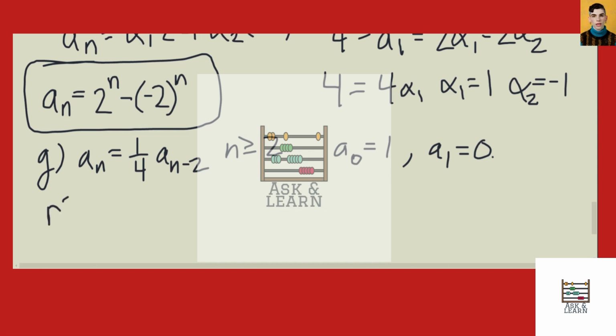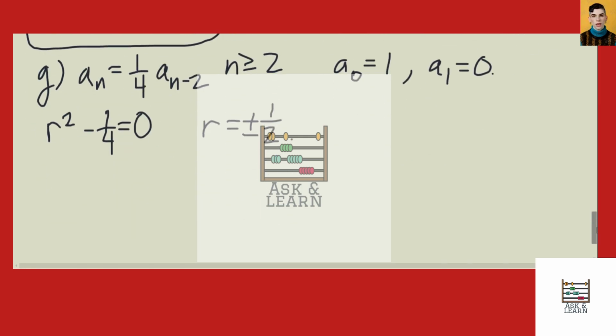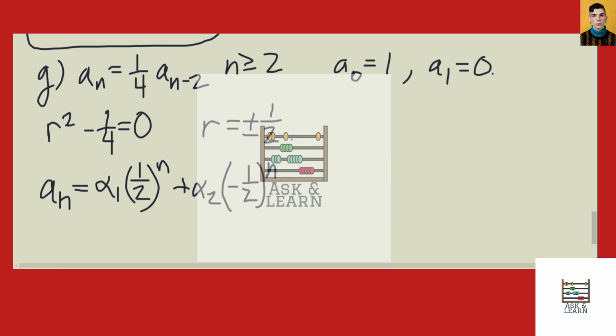The characteristic equation for this relation is r squared minus 1/4 equals 0. This has solutions r equals plus or minus 1/2. And so these characteristic roots are distinct, and it follows that the general solution is a_n equals alpha 1 times 1/2 to the n plus alpha 2 times negative 1/2 to the n.